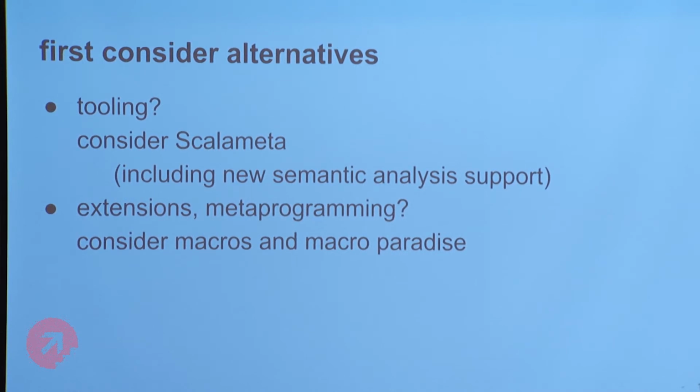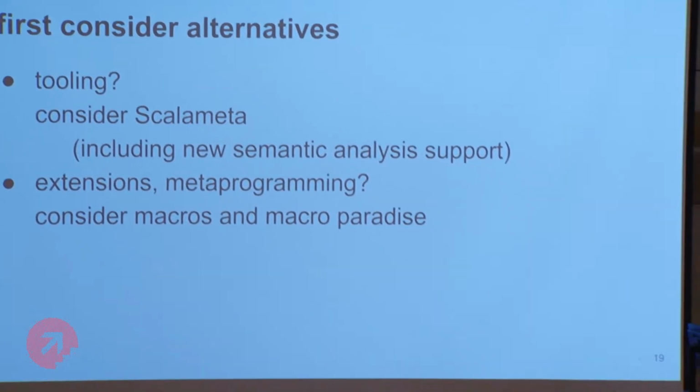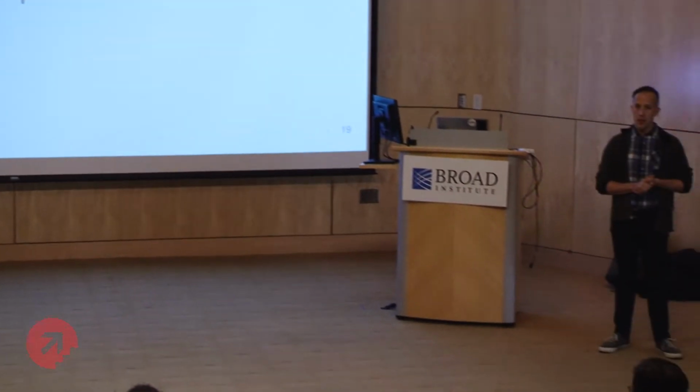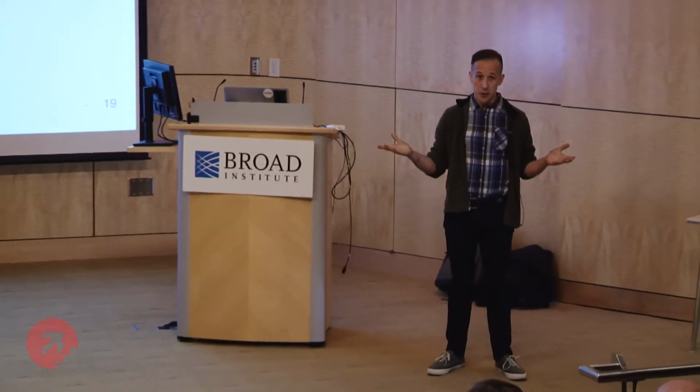It didn't know anything about types, and so that really narrowed the range of situations where it applied. But within the last year or so, Scala Meta now does understand types. So there is a compiler plugin that it includes now called Semantic DB that runs after the typer phase of the compiler, so Scala Meta knows about types.